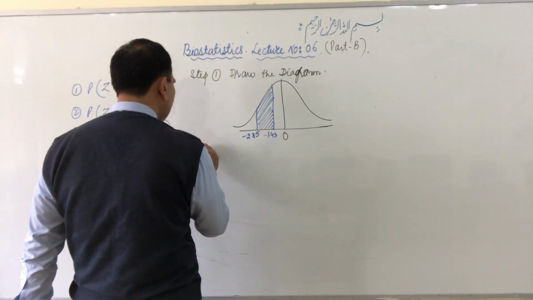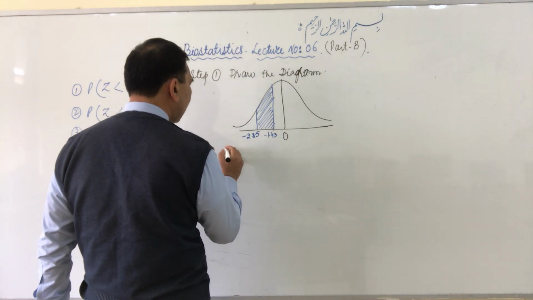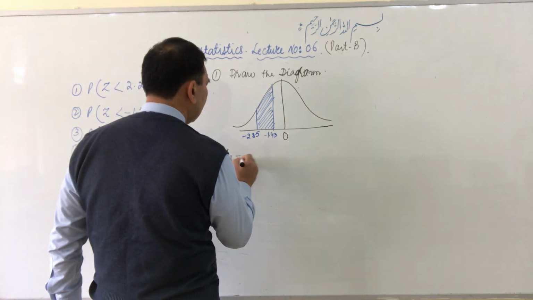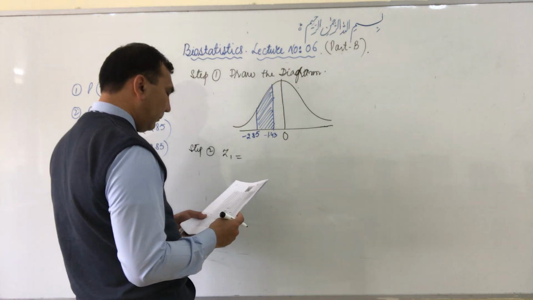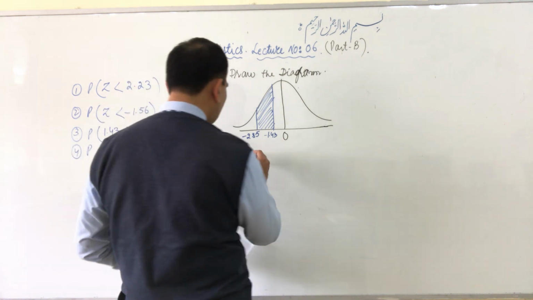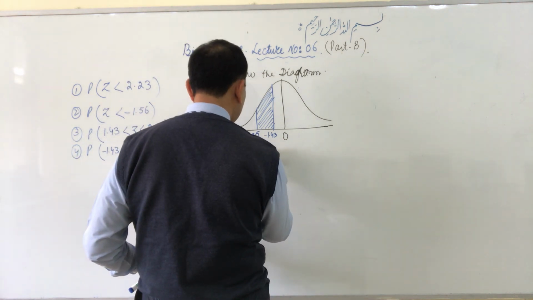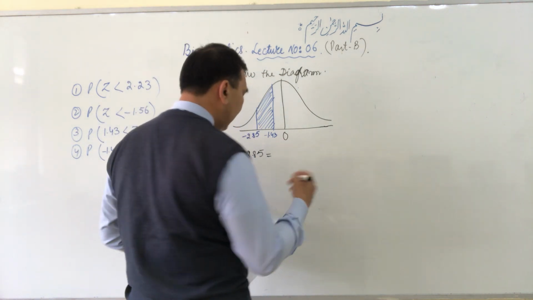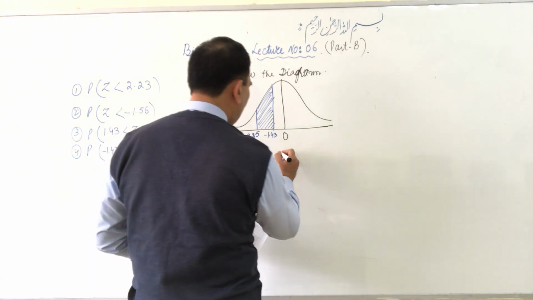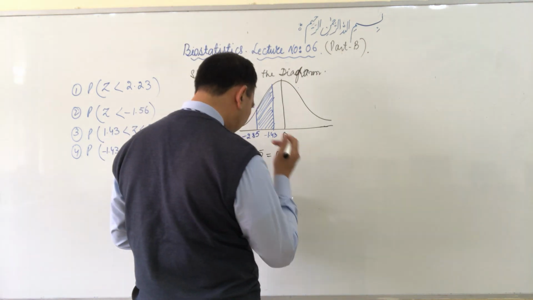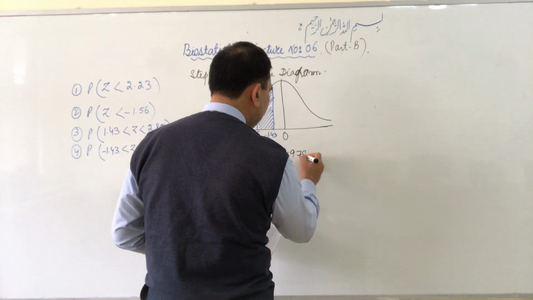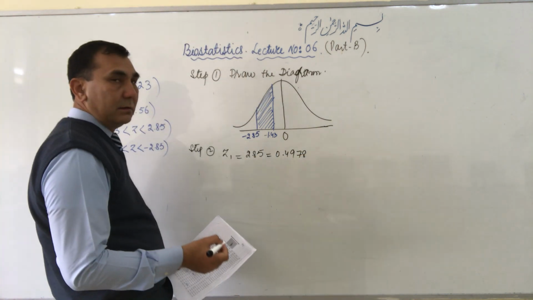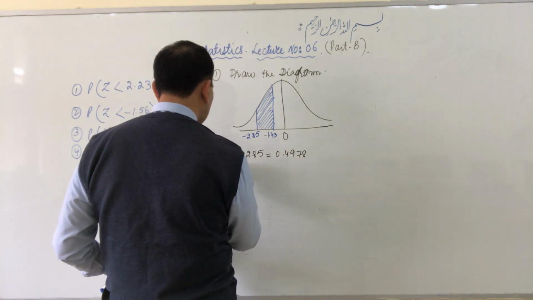Once again we will solve it the same way. Step number 2, find out the z-score value. For minus 2.85 the value will remain the same, because the left side is the mirror image of the right side, they are equal.